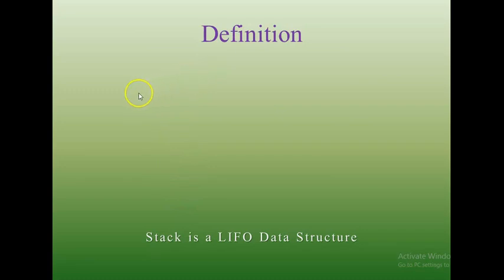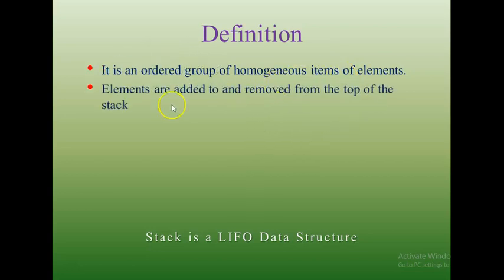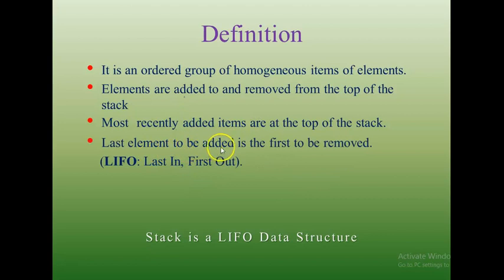By definition, by all these pictures and structures we have seen, we can say it is an ordered group of homogeneous items or elements. All the elements in the stack should be of a similar type. Elements are added to and removed from the top of the stack. Most recently added items are at the top of the stack, and the last element to be added is the first element to be removed.